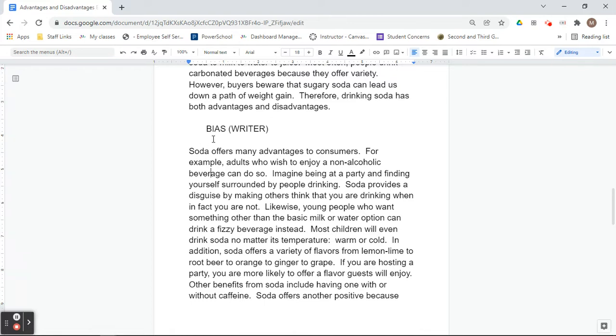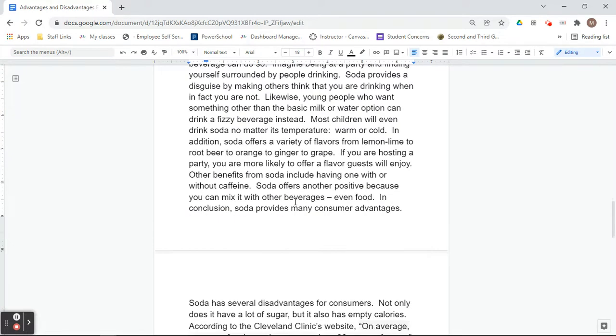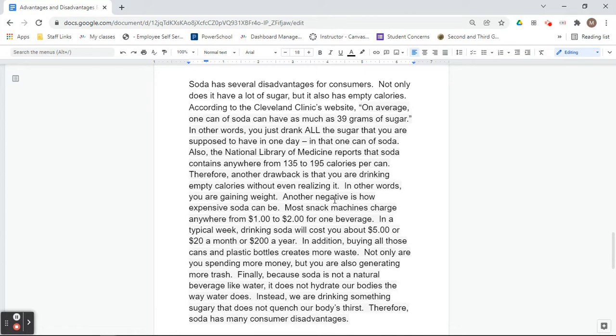So I'm going to eliminate some of that writer bias by eliminating some of what I have in my disadvantages. And the question is, what do I want to take out? I'm at 16 right here: 1, 2, 3, 4, 5, 6, 7, 8, 9, 10, 11, 12, 13, 14, 15, 16.